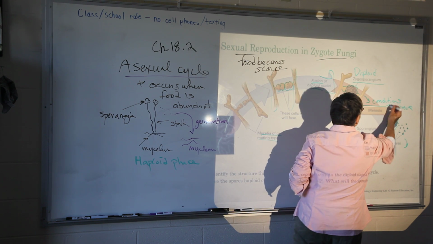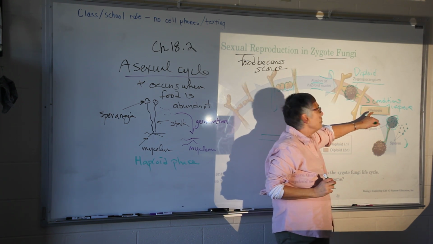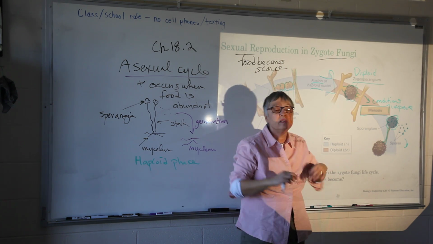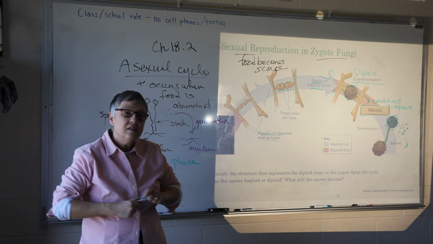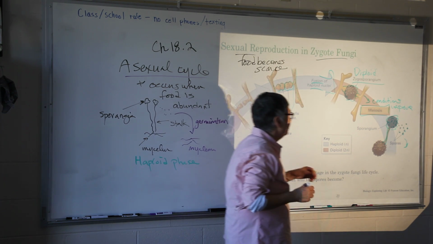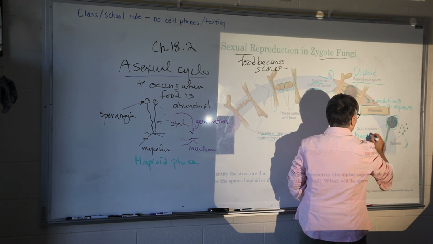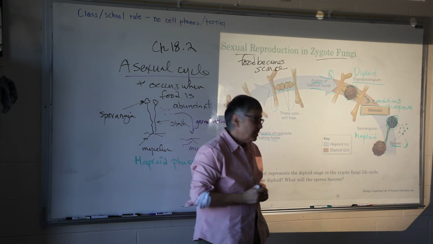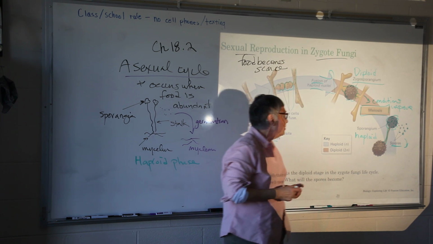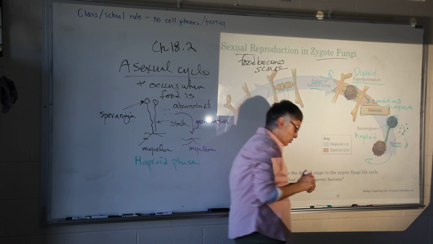When conditions improve, that will stimulate meiosis. And remember, during meiosis, we get segregation of the chromosomes. So now we're down to haploid spores, which again will, if they land in a suitable environment, germinate.